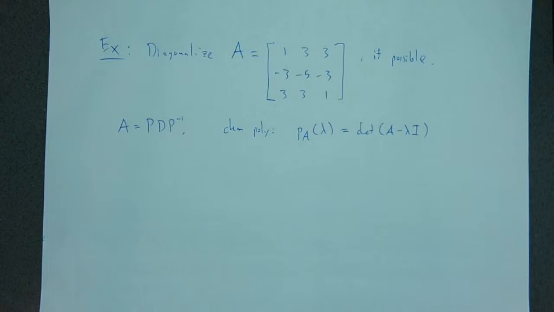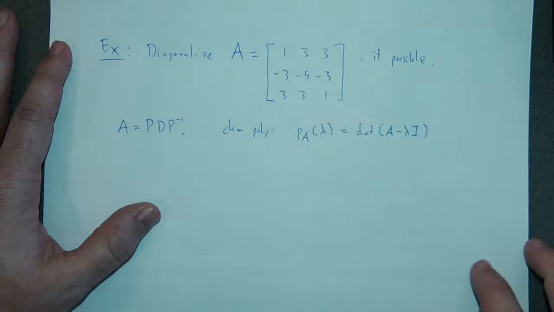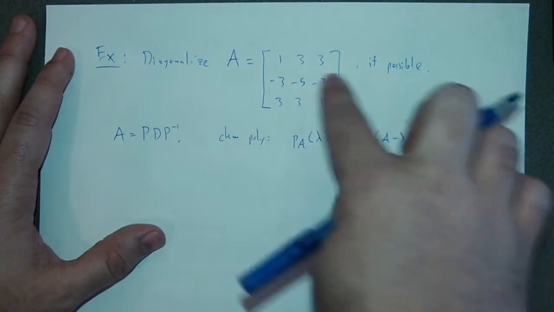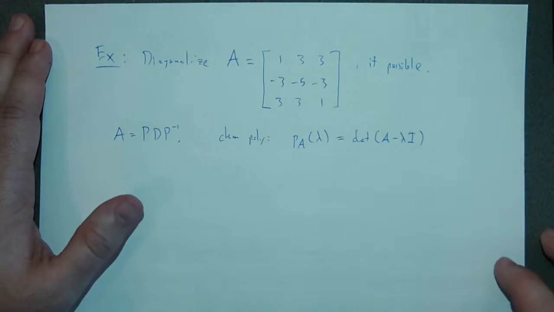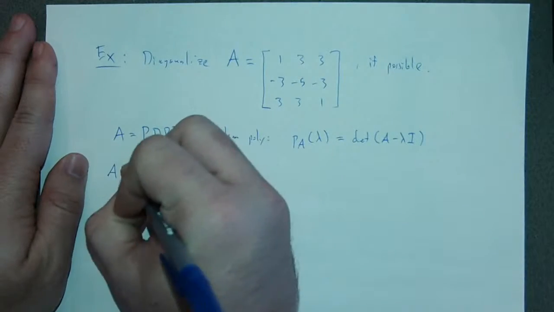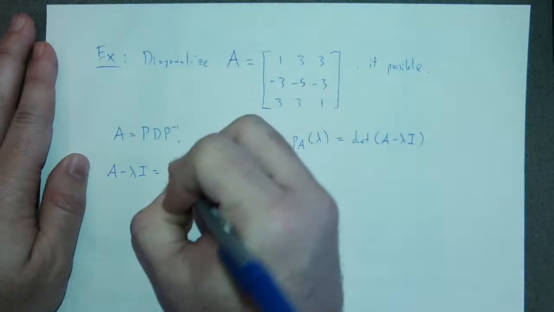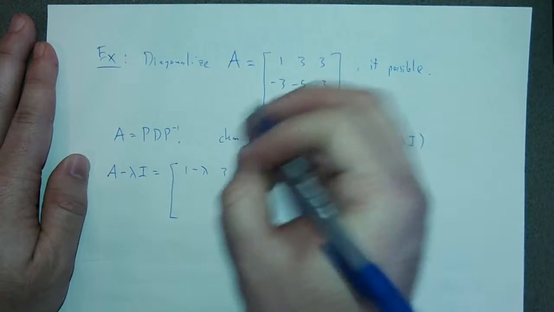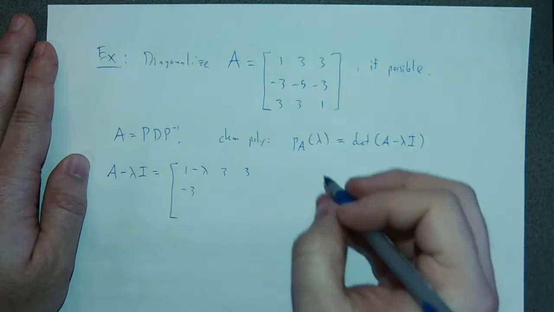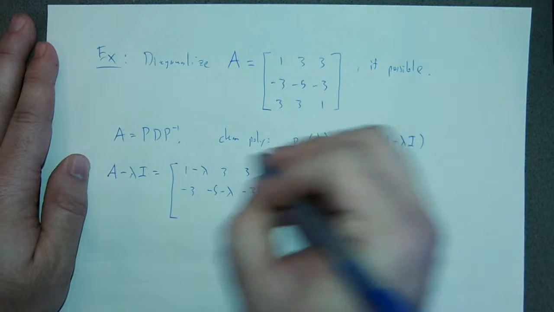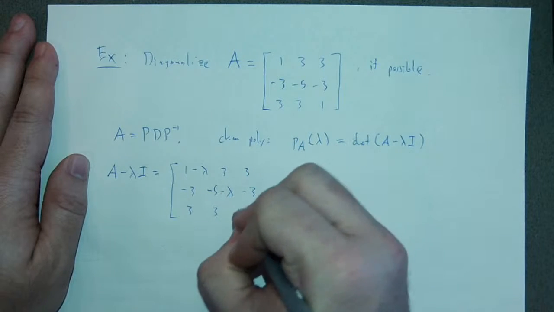Well, let's just quickly compute here. A minus lambda I is 1 minus lambda, 3, 3, minus 3, minus 5 minus lambda, minus 3, 3, 3, and 1 minus lambda.